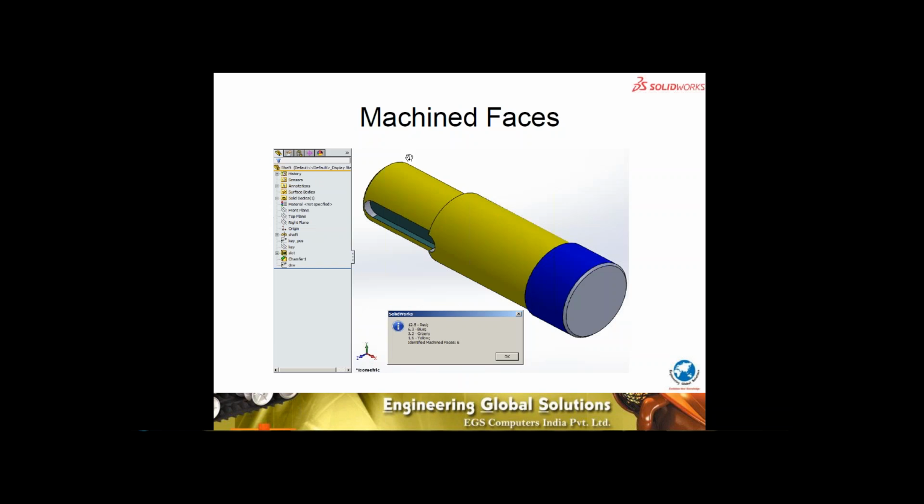A lot of times people forget to put the machining symbols, surface finish symbols, or the flatness or the surface form control symbols on the drawing as required by the machining operations.